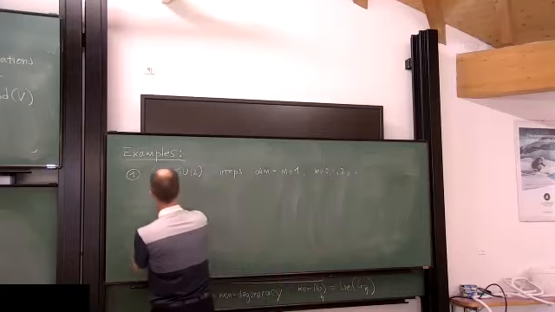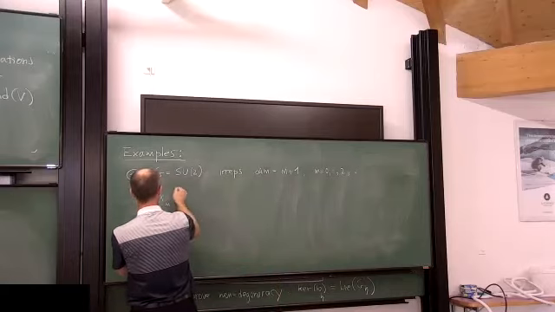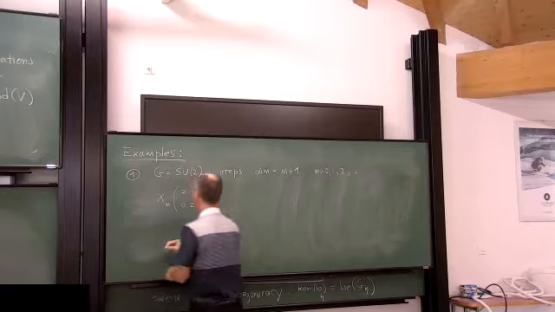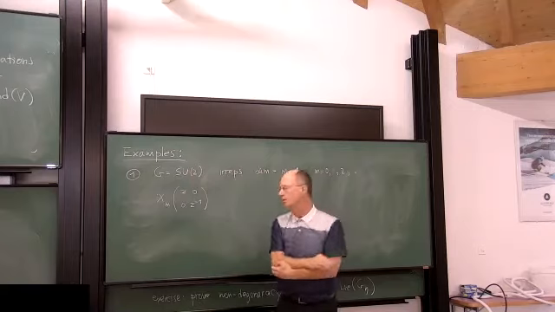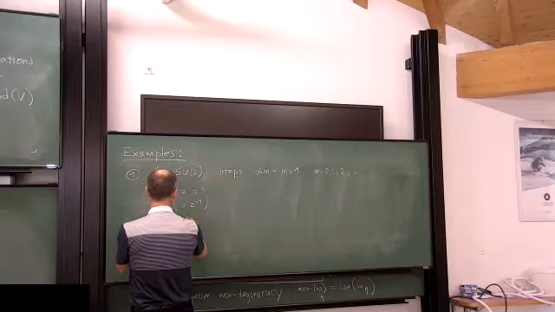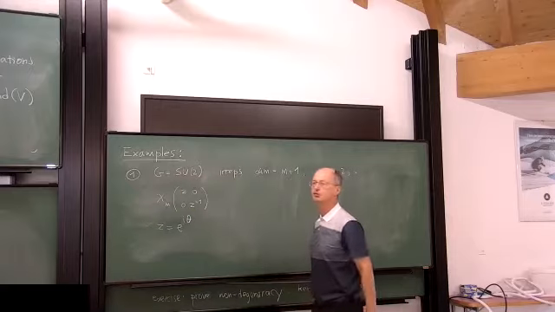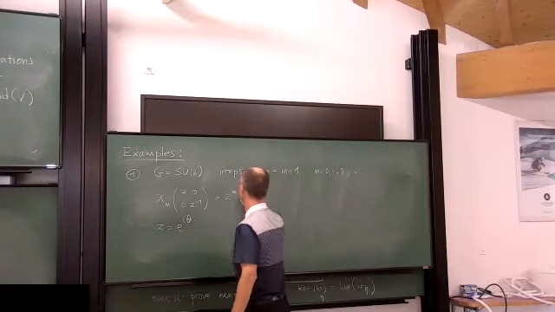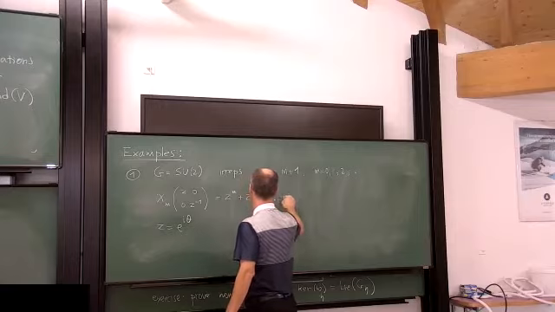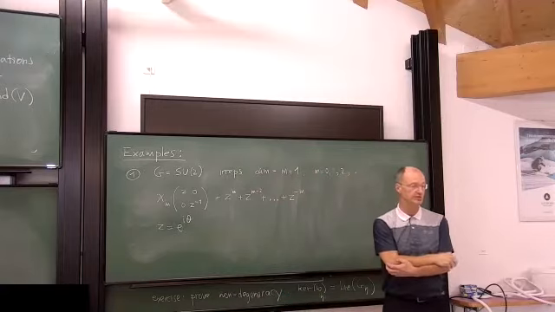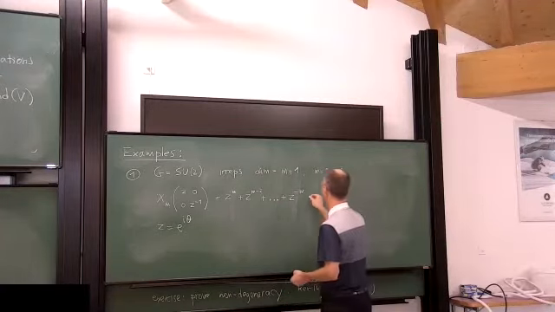And the corresponding character, if I compute it on the unitary 2x2 matrix, diagonal z, z minus 1, where z is some unitary number, exponential i theta, is z to the m plus z to the m minus 2 plus so on, until z to the power minus m. So that's the standard expression for the character.